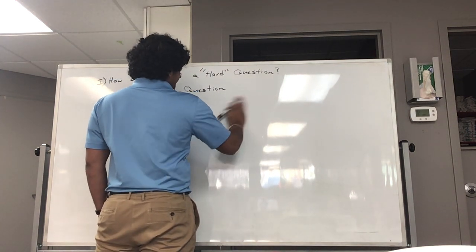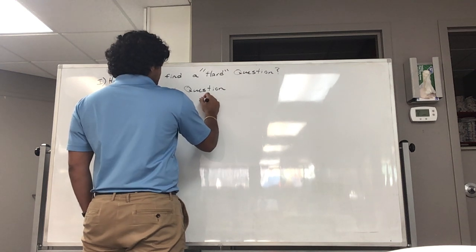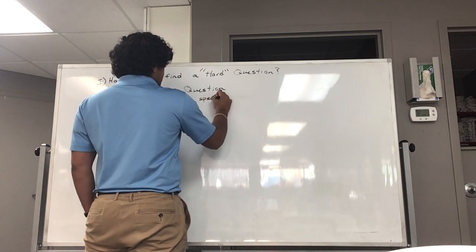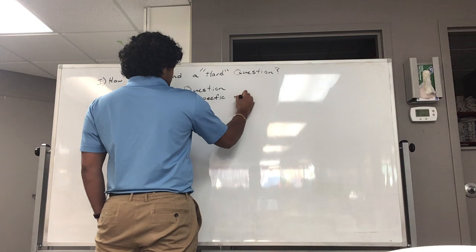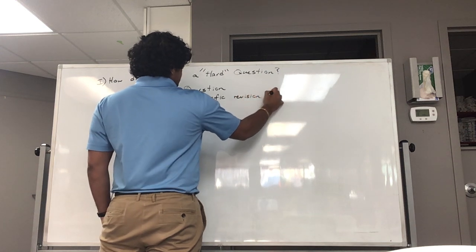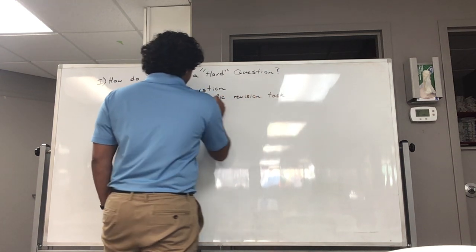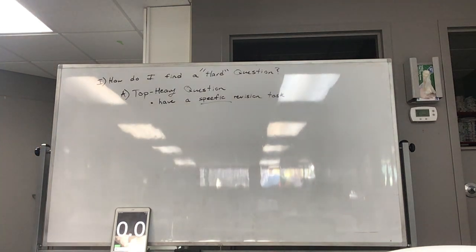Let me actually say specific revision task. These questions have a specific revision task associated with them, and you just got to follow that revision task, and that's how you do these.